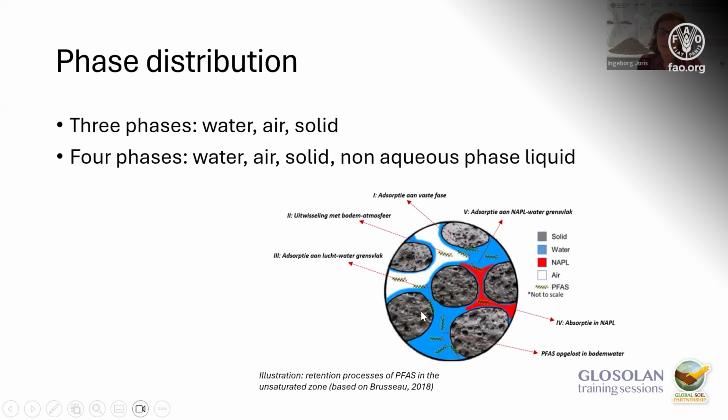You have an air phase, you have a water phase in blue, and there's also a NAPL phase, a non-aqueous phase liquid, which is present as a 4th phase. And the PFAS will be just distributed among these 4 phases, and it will have a high tendency to go in the NAPL phase and also to go into the interface between the water and the air.